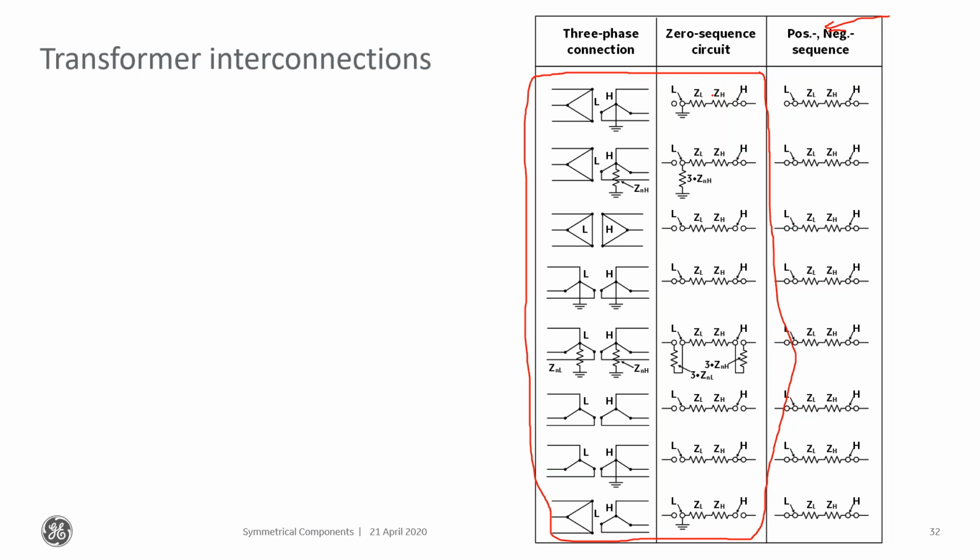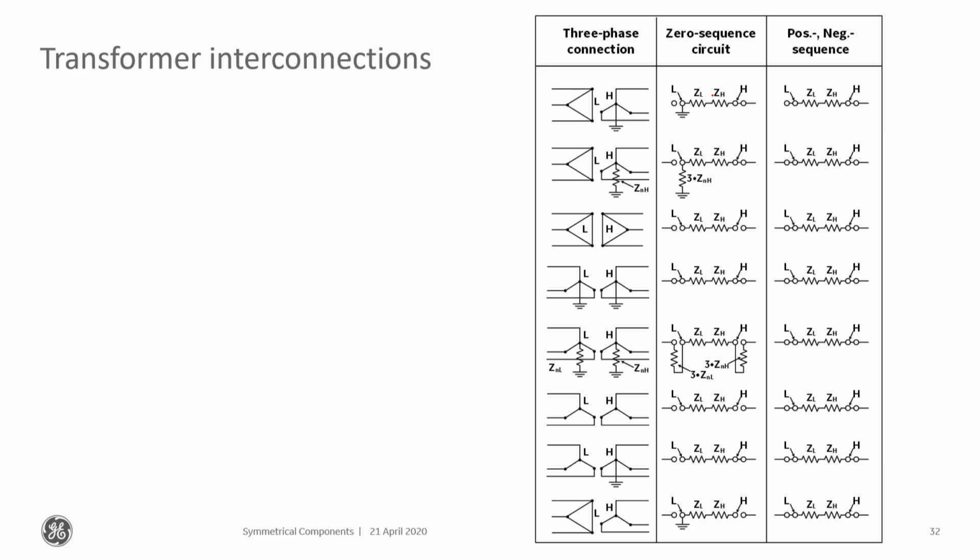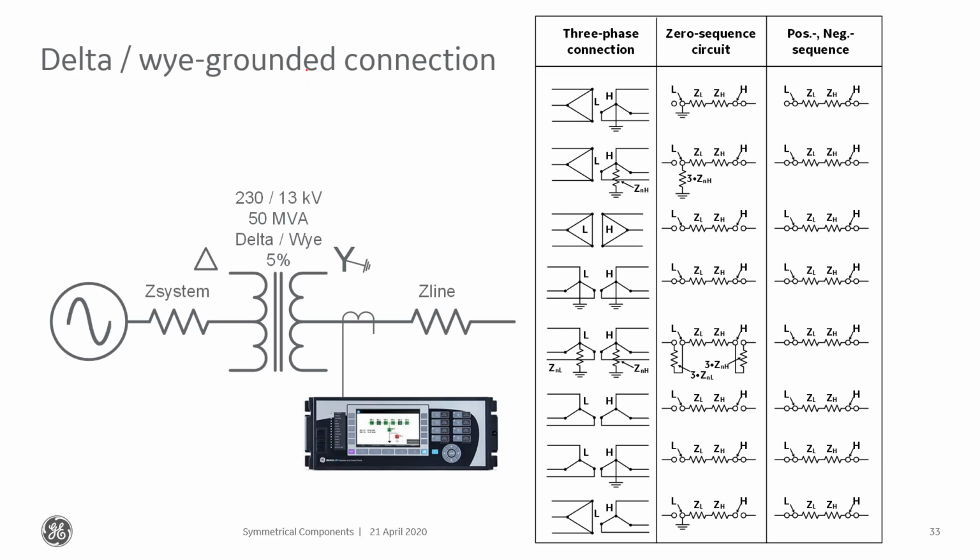So let's talk about this particular transformer. One of the things I haven't mentioned so far is what these quantities typically look like. If this is the transmission system here, positive sequence and negative sequence quantities are almost the same. Zero sequence quantities can be a little bit different, partly because there may be other transformers upstream that block zero sequence quantities. There may be some ground resistance. There are some things that can affect the ground impedance.